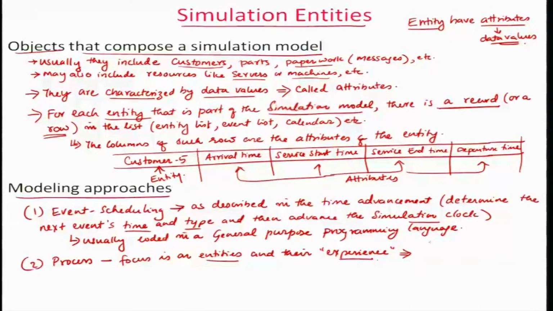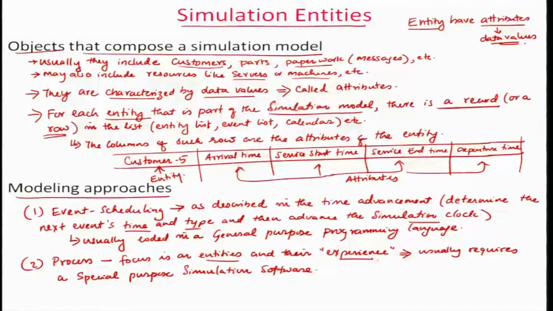This usually requires special purpose simulation software, like Simon, SimScript, and all those kinds of things, which are part of such an approach.